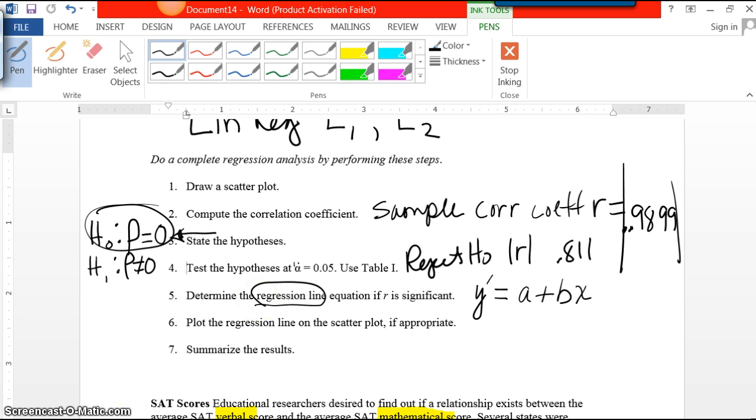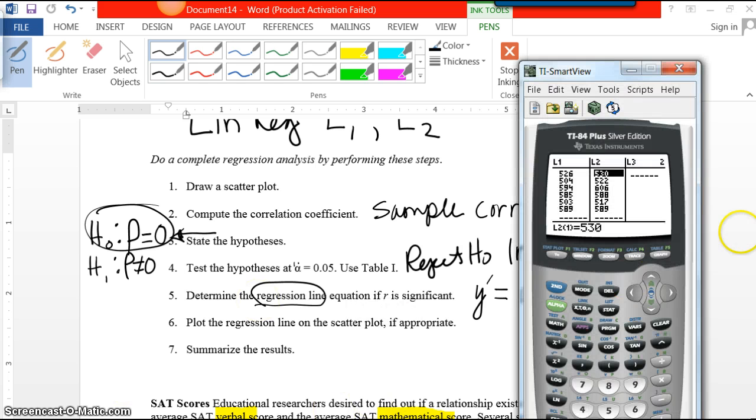Again, we're going to use our calculator rather than using the formula in the book. So same thing I did before. Stat, arrow right to calc, number 8. I'm coming down to calculate. I should have just left this on my screen where I had it before.